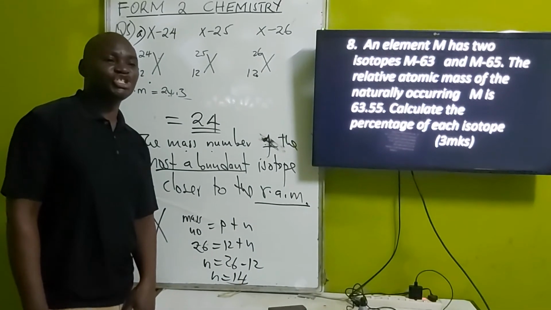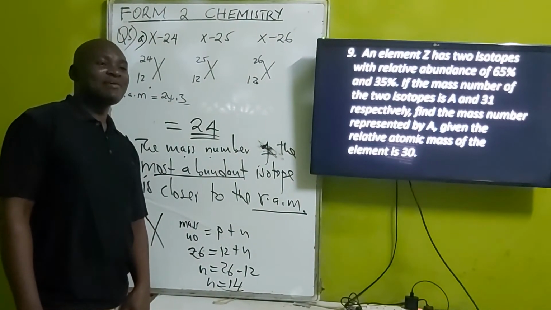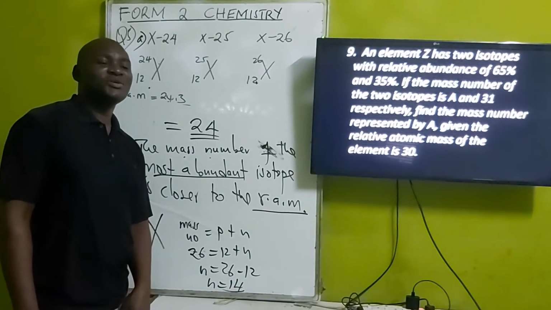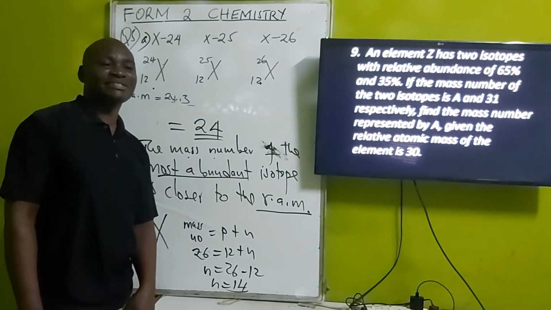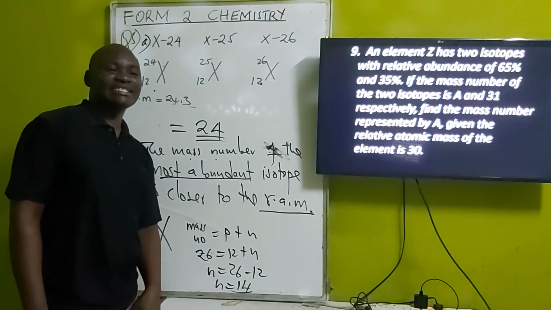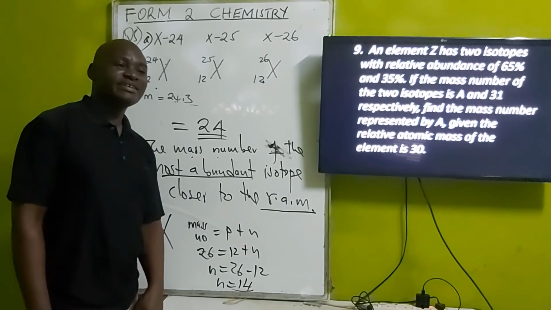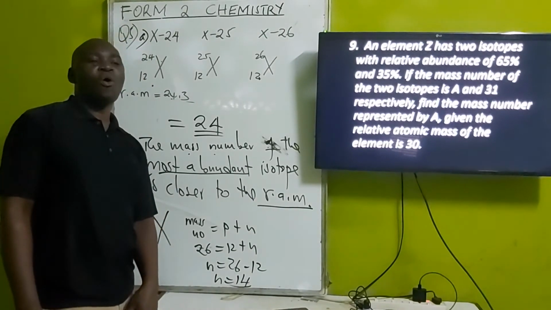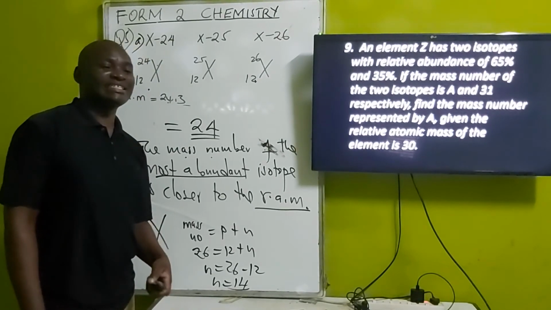Calculate the percentage of each isotope. Then number 9. An element Z has 2 isotopes with relative abundance of 65% and 35%. If the mass number of the 2 isotopes is A and 31 respectively, find the mass number represented by A, given the relative atomic mass of element Z is 30.